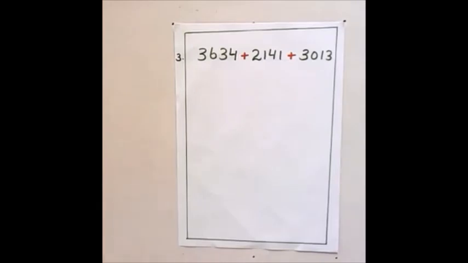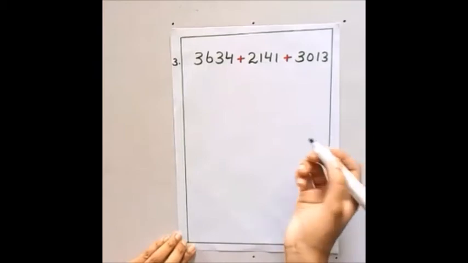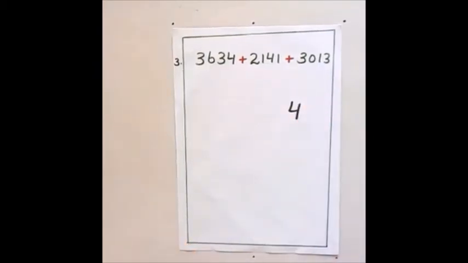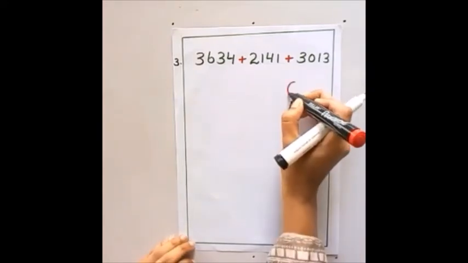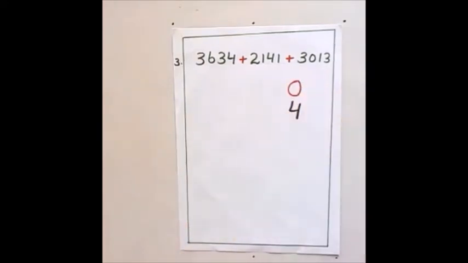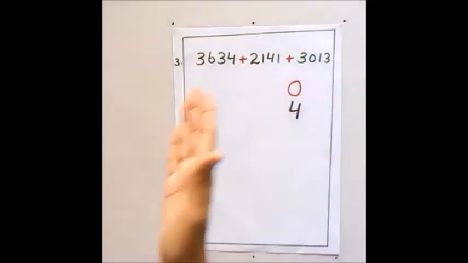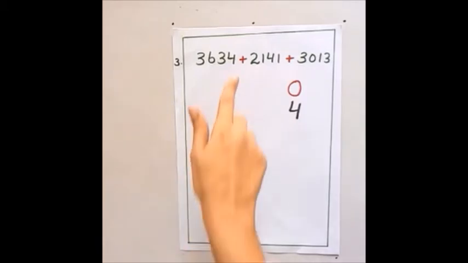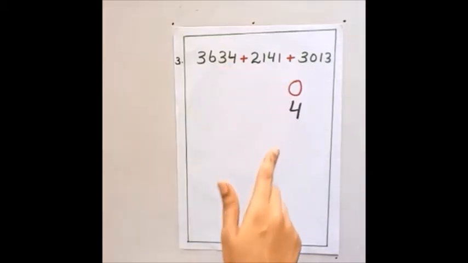So first I will write 3634. First we have to write these numbers into their respective places. So 4 is in the ones place.